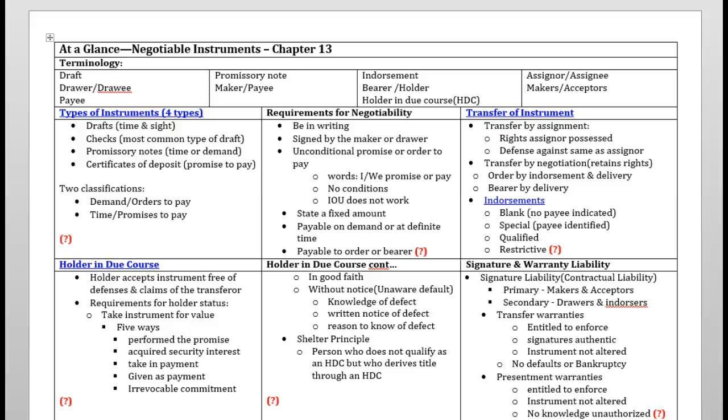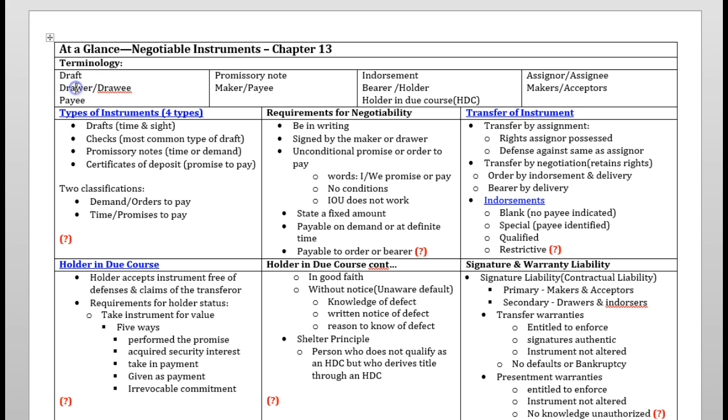It's an instrument drawn on a drawee that orders the drawee to pay a certain amount of funds, usually to a third party named the payee, on demand or at a definite future time. Fancy way of saying it's a check or an order to pay of some type, and that involves a drawer, a drawee, and a payee.